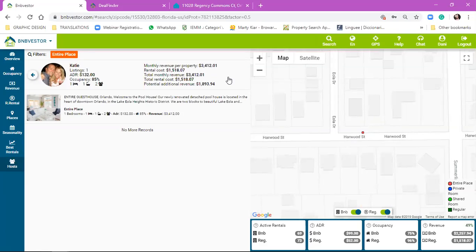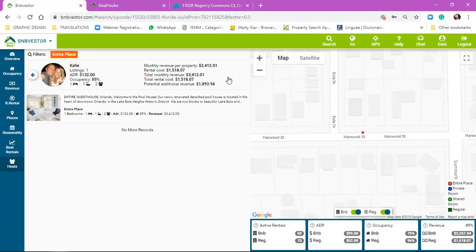Because you can see the occupancy rate is high. She has a high occupancy rate of 85%. Then we have the rental cost of 1,500. If you subtract that, you are going to get a potential additional revenue of $1,893 only for this property, guys.